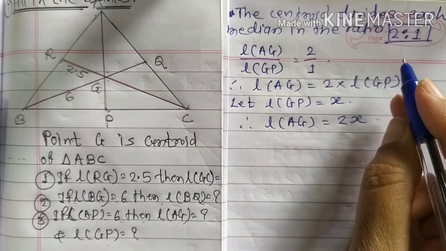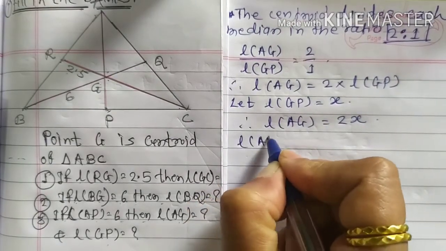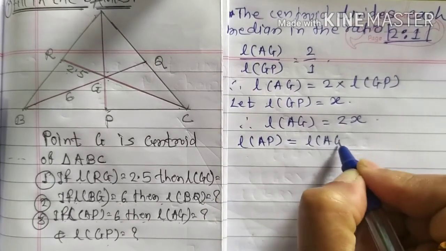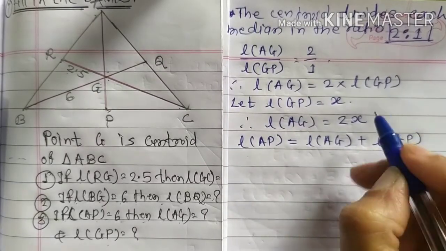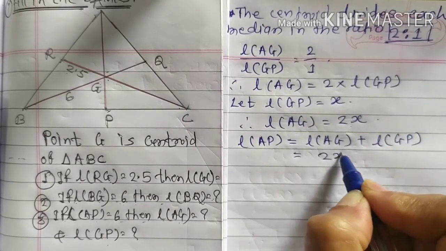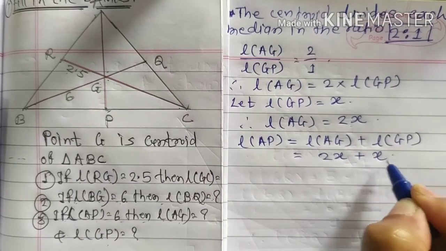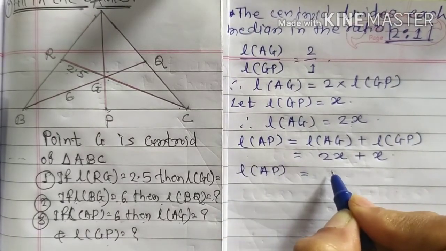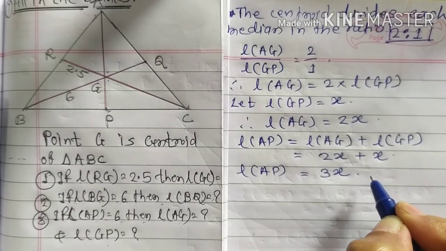Then by this property, total length AP is equal to length AG plus length GP. We fill in the values: length AG 2x plus length GP, that is x, so length AP is equal to 3x.